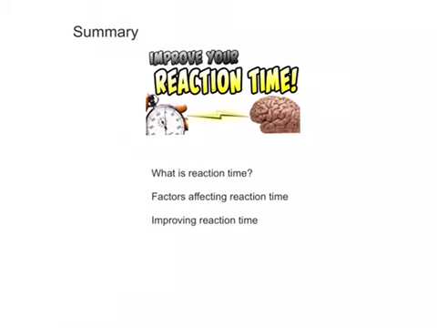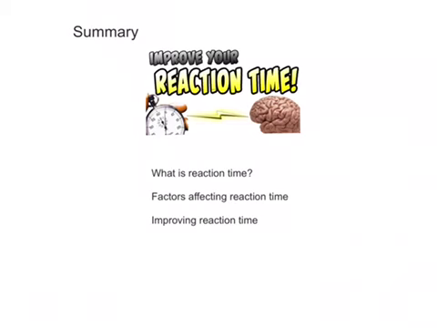Some factors affecting our reaction time are things like age, gender, fitness levels, psychological states, the intensity of the stimulus, the time available, experience, state of alertness. All those things go together, they're going to have an impact on our reaction times.